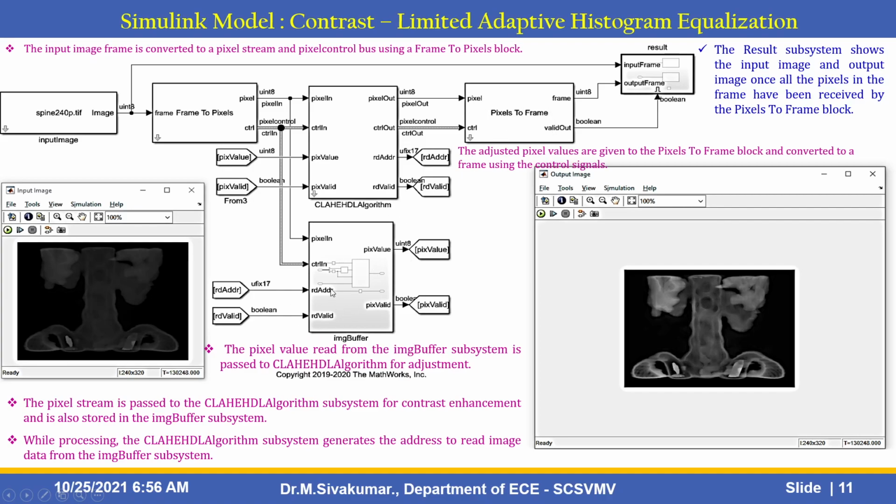The pixel value read from the image buffer subsystem is passed to the CLAHE HDL algorithm for adjustment. The pixel stream is passed to the CLAHE HDL algorithm subsystem for contrast enhancement and is also stored in the image buffer subsystem. While processing, the algorithm subsystem generates the address to read image data from the image buffer subsystem.